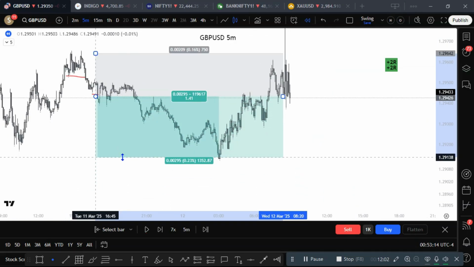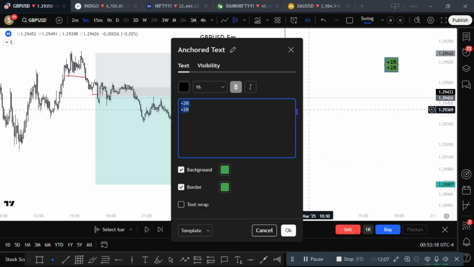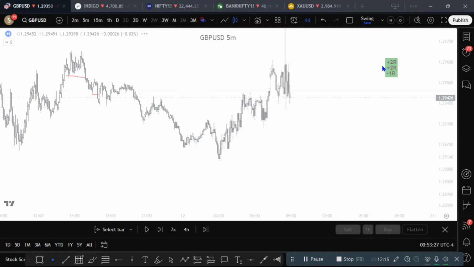Literally price gave 1.4 and then stopped out. Okay, okay, we have minus 1R. Okay, let's check another example.